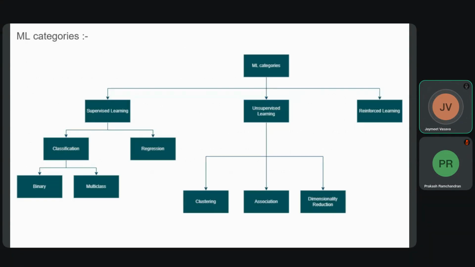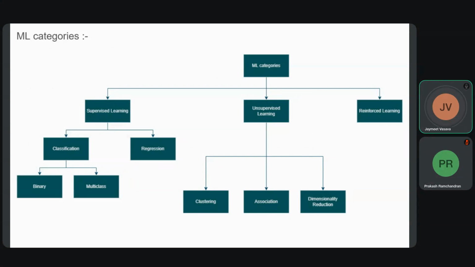So let's get started with clustering. First, we'll look at some of the ML categories in order to get to clustering. This is something that we have used again and again, to have some of the highlights before getting to the main topic. We have supervised learning, unsupervised learning, and reinforced learning. Supervised learning has the outcome known prior to us, and we are trying to measure the model's prediction and decide how much the model has predicted compared to the actual outcome.